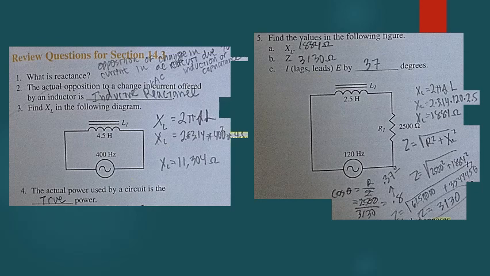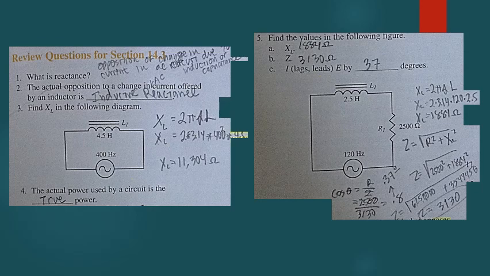Question 3, find the inductive reactance in the following diagram. We have a 4.5 Henry inductor at L1, and we have a 400 Hertz AC power source. Again, we're going to find the inductive reactance XL. We use the formula XL equals 2 times pi times frequency times the inductance.